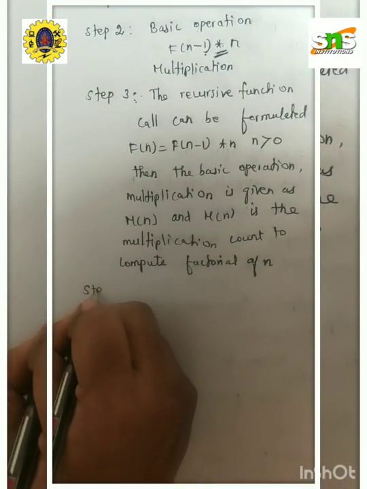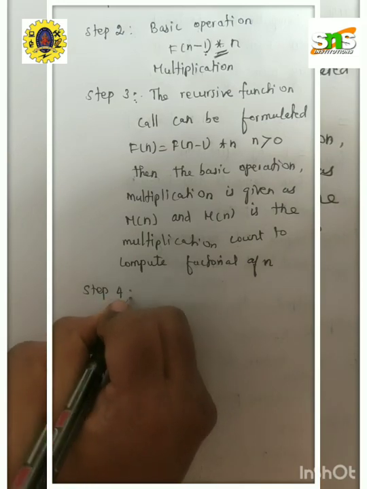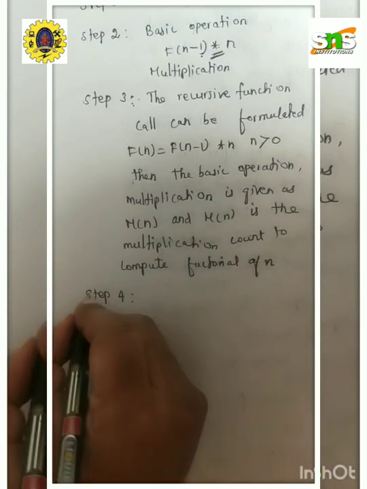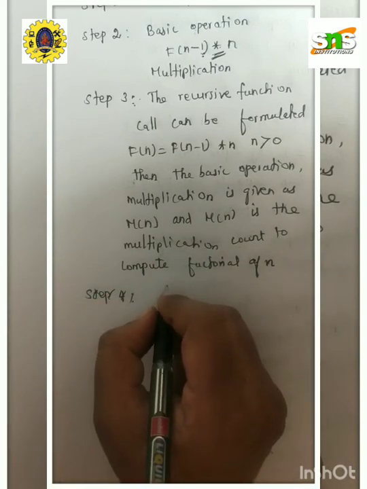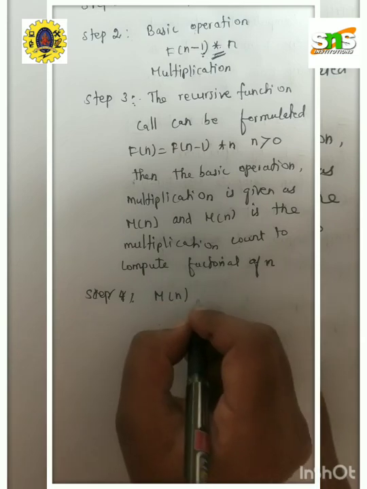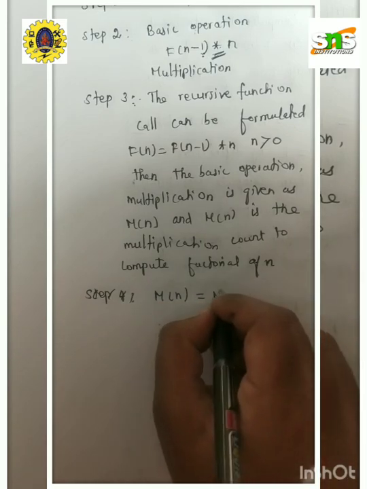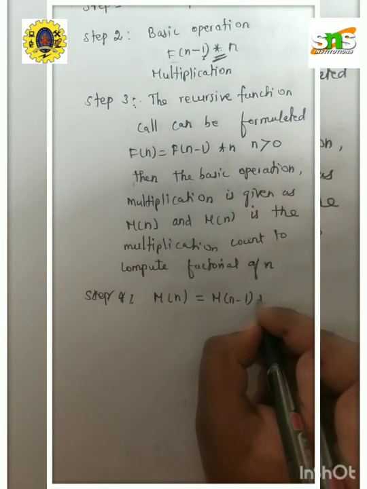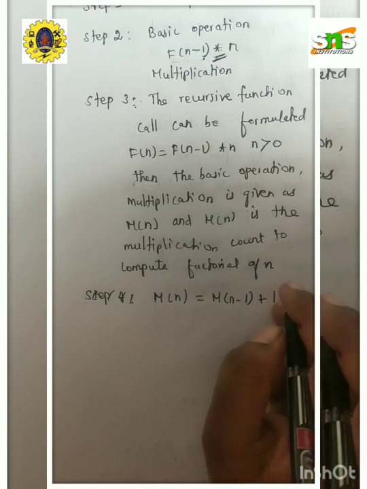Step 4. In step 3 itself we are going to formulate what is m of n, the multiplication count. It is equal to m of n minus 1, this is the multiplication count, the number of times it will be called, plus 1 time to multiply f of n minus 1 by n.